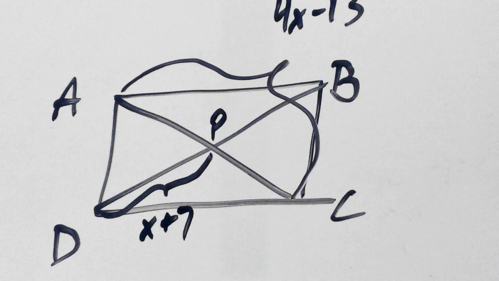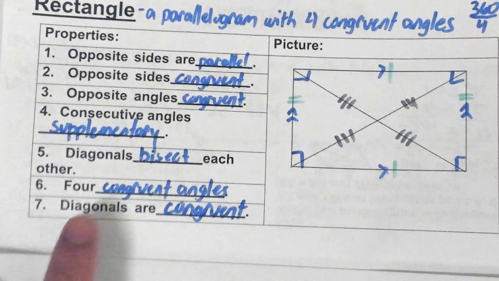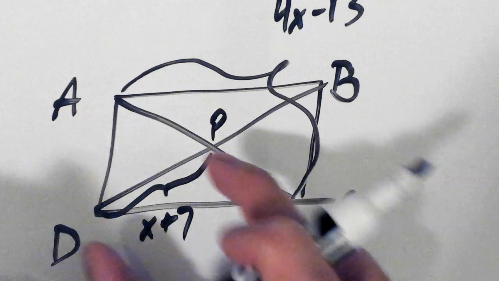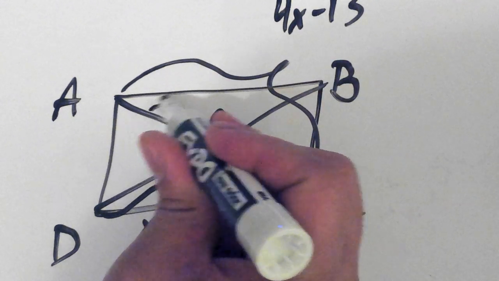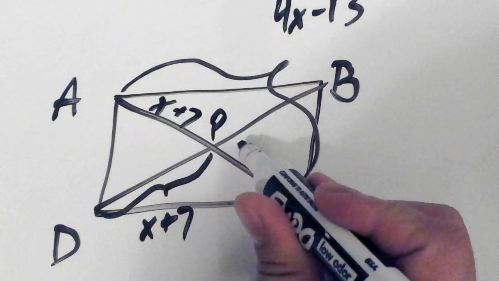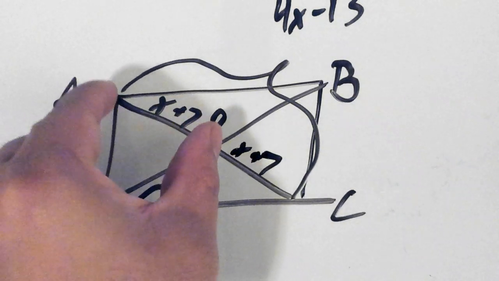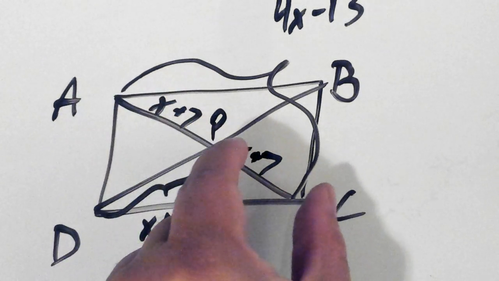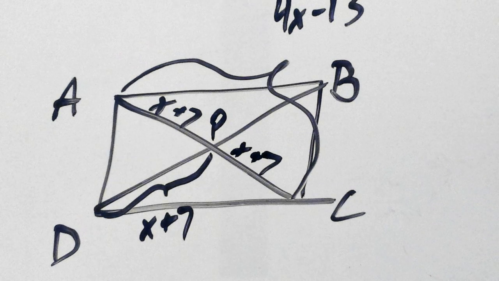Now this goes on property number 7 of a rectangle. Diagonals are congruent. So this is x plus 7, means this piece right here is also x plus 7, and this piece is x plus 7. So the two pieces AP and PC, x plus 7 plus x plus 7, should equal my whole segment 4x minus 13.